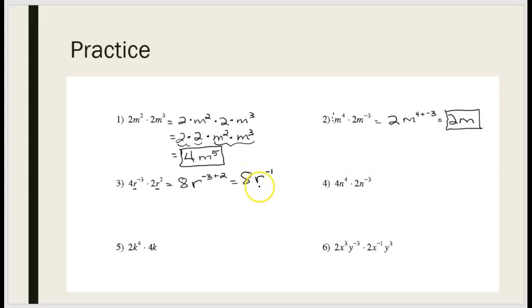Okay, now we have an exponent of negative 1 in our answer, but to completely simplify that, we have to apply what you learned earlier in this module. The 8 is going to remain in the top level of the fraction, but this negative in the exponent means take my base and my exponent and move it to the other level of the fraction.